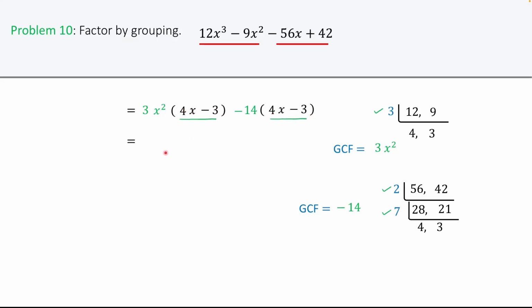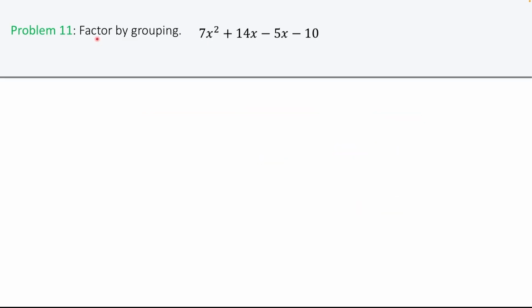Factor out 4x minus 3. Put parentheses. Divide each term by 4x minus 3. If you divide this term by 4x minus 3, you get 3x squared. If you divide this term by 4x minus 3, you get negative 14. You factored the polynomial. This is the last problem.